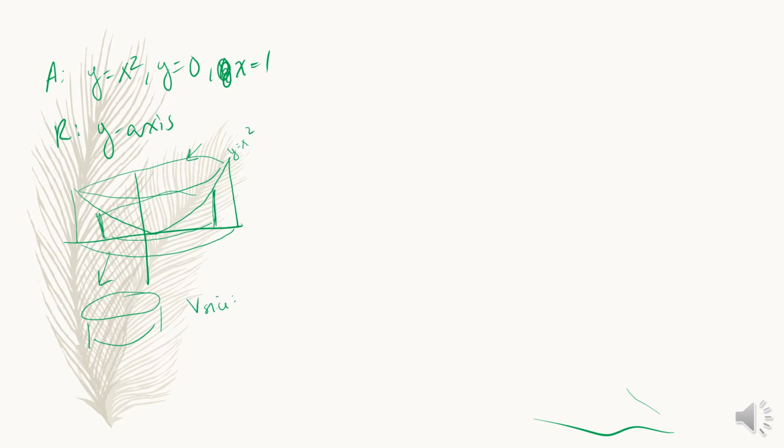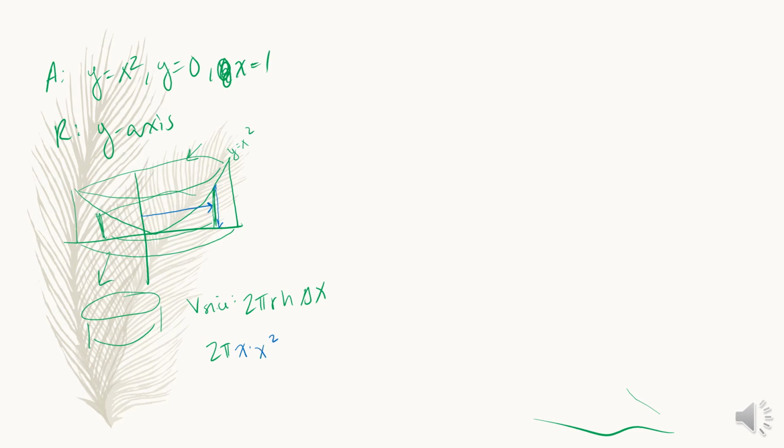We're going to look at the volume of a slice, which is 2 pi r times the height, and then for us, delta x, because we're slicing vertically. For my radius, because we're measuring from the y-axis, my radius is just from the y-axis out to my slice, which is x. We're not adding anything to it like last time. For my height, that's being measured from the x-axis up to the curve.